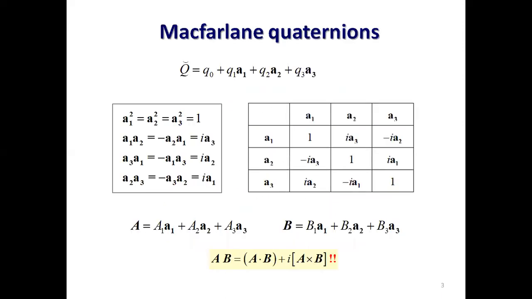So, Macfarlane quaternions consist of scalar part and vector part. Unit vectors A1, A2, and A3 have specific rules of multiplication and commutation. The squares of A vectors are equal to 1. If we multiply A1 on A3, then we obtain iA3, where i is the imaginary unit.